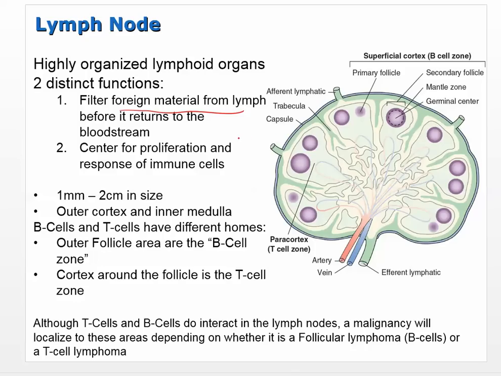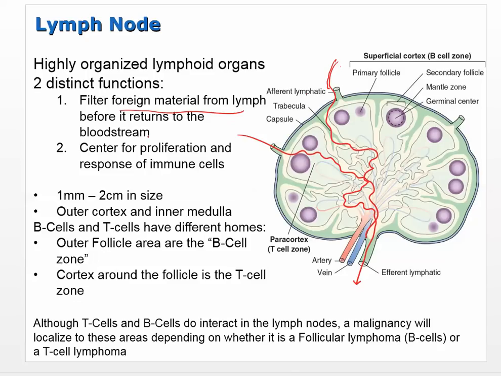You can see here how you have the afferent where it moves in, and then it can sort of move through here. It will be exposed to the B cells and the T cells, and then it will make its way out through the efferent. So it can move in through a number of different places, and then it moves around here.